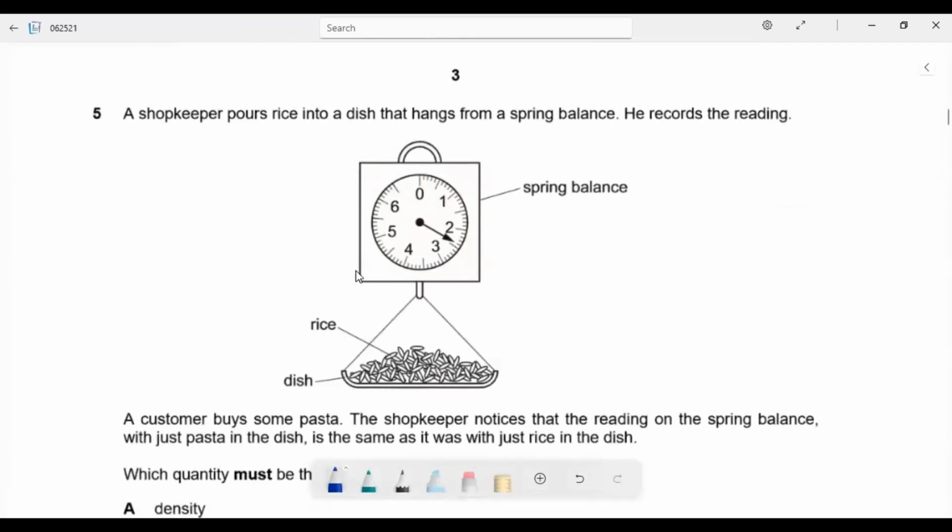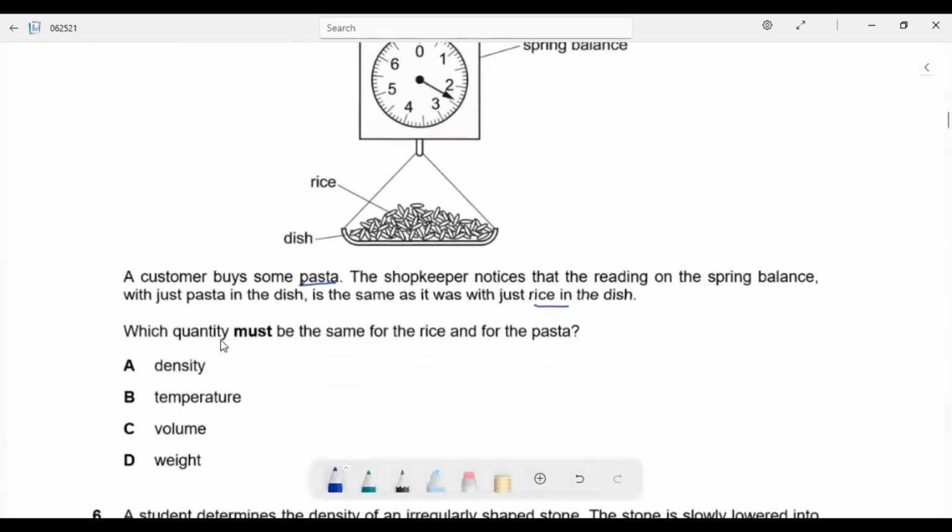A shopkeeper pours rice into a dish that hangs from a spring balance. He records the reading. A customer buys some pasta. The shopkeeper notices that the reading on the spring balance with just pasta in the dish is the same as with just rice in the dish. So which quantity must be the same for rice and pasta?